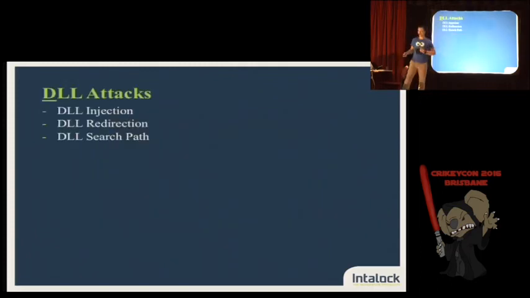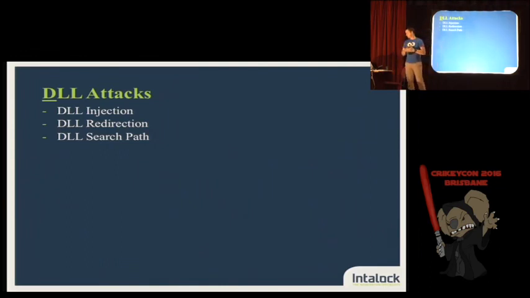DLL attacks. I'm not going to talk about DLL injection and redirection too much because it requires you to have some kind of privileges on the server in the first place in order to hook. But I will talk about DLL search paths. It's still around. I only used it on a 2K8 box not too long ago.